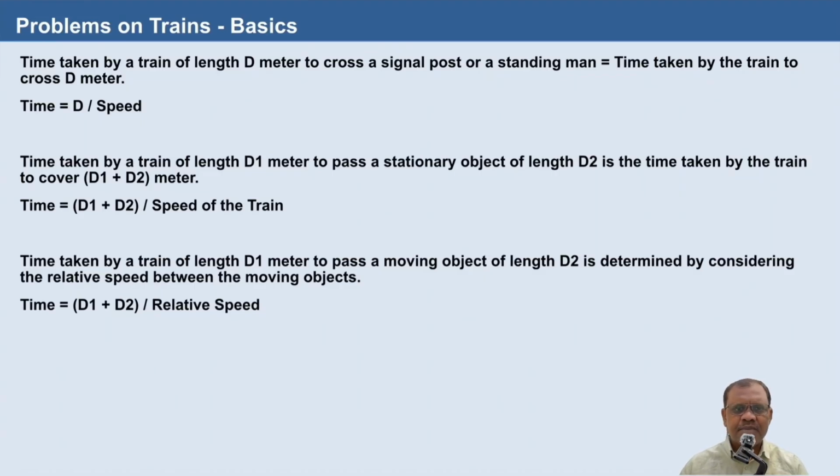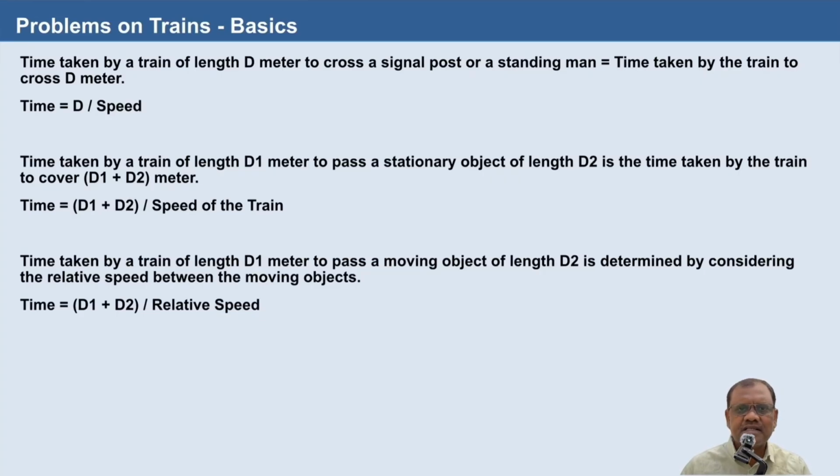Similarly, the time taken by a train of length d1 meters to pass a moving object of length d2 is determined by considering the relative speed between the moving objects. So the sum of the lengths of the objects divided by the relative speed, because both of them are moving in the same direction or opposite direction.